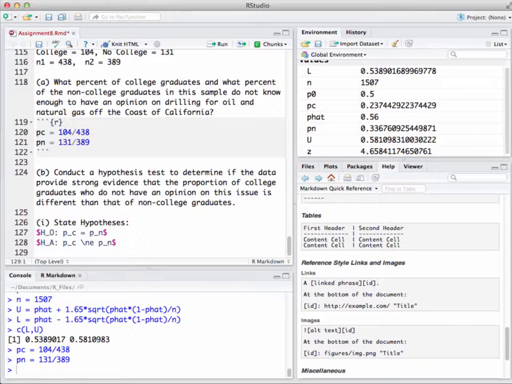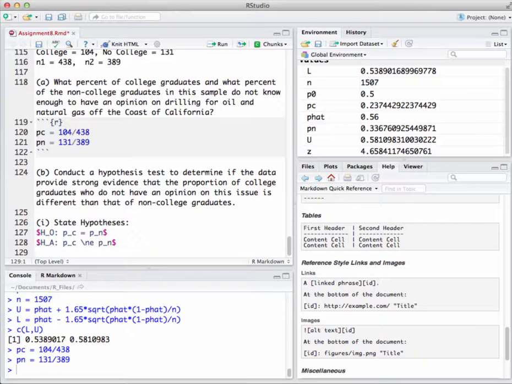Now, you can just take a look at this particular problem and realize that there are no cells in the table that are less than 10. In fact, they're all very large. And because of that, the success failure criteria, you can pretty much wave your hands over and say, hey, got a bunch of big numbers in there. So that's going to work just fine.